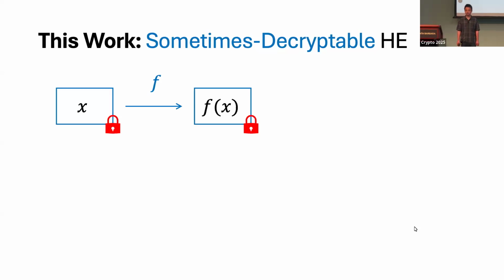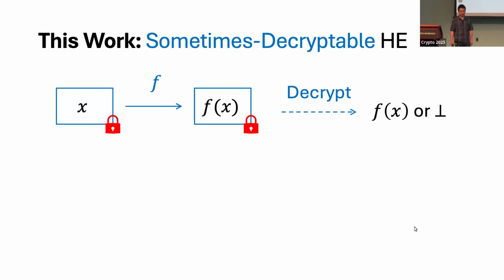And in this work, we consider the following variant of sometimes decryptable homomorphic encryption. So this is an encryption scheme that supports homomorphism for some class of functions f. Moreover, the decryption algorithm can either output the correct message f of x or some bottom symbol.